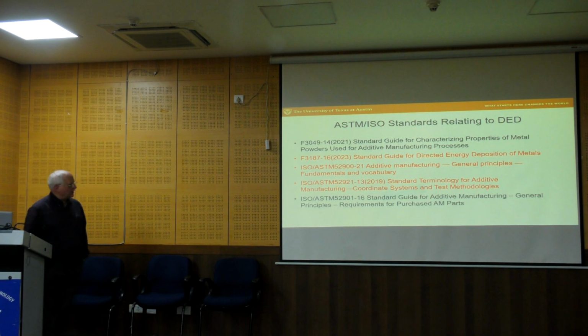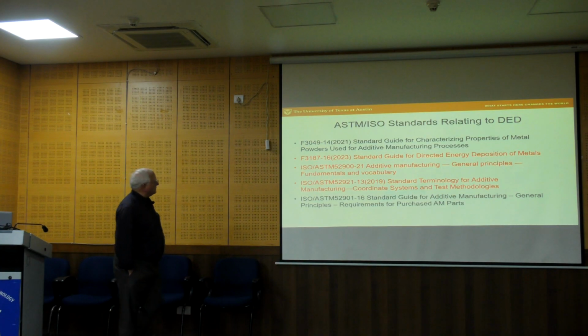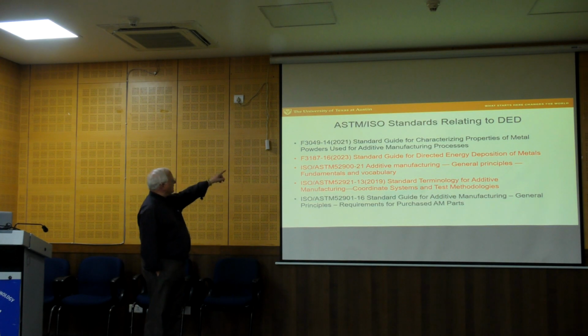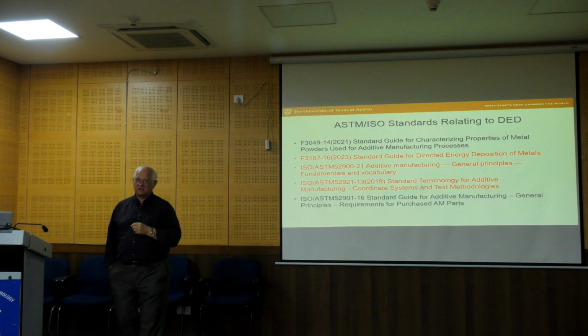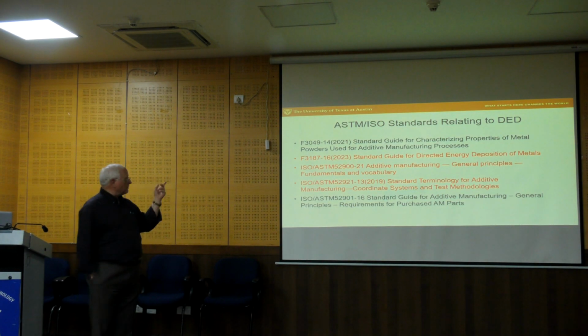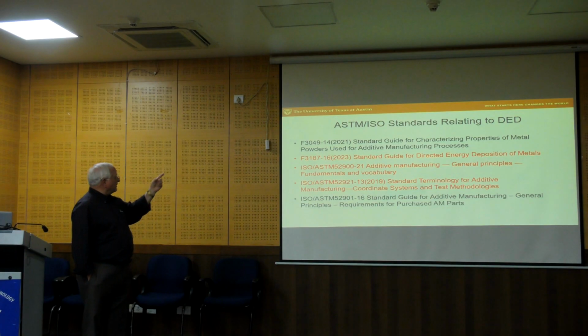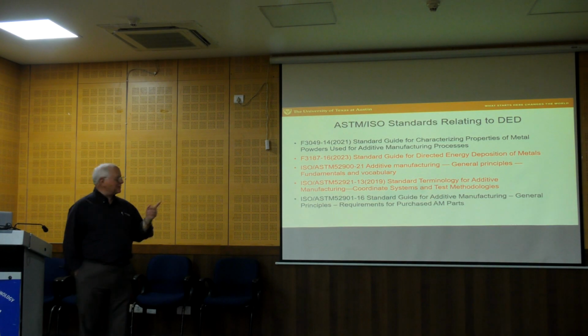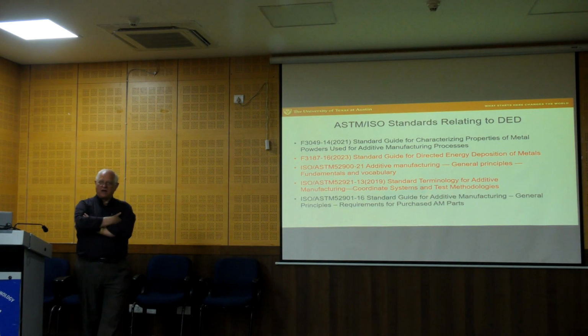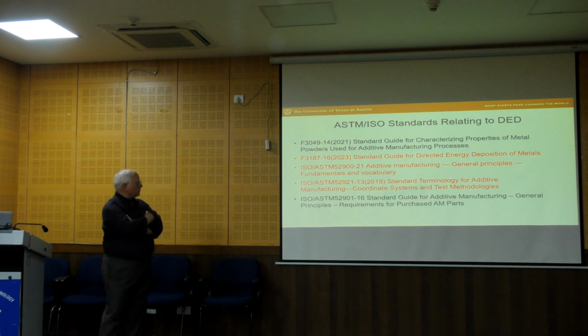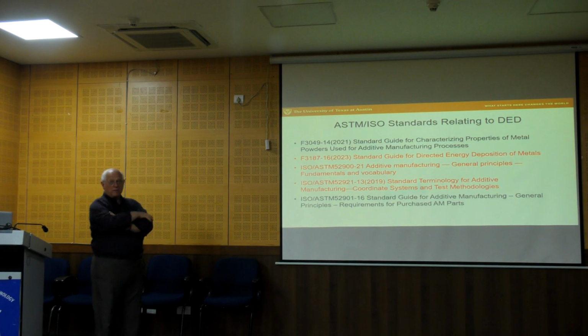Here are some standards related to directed energy deposition. I wanted to show these. One is F3049, characterizing properties of metal powders. For powder-based DED, it can be very important. Certainly, I think the most applicable is F3187, the standard guide for directed energy deposition processes for metals.